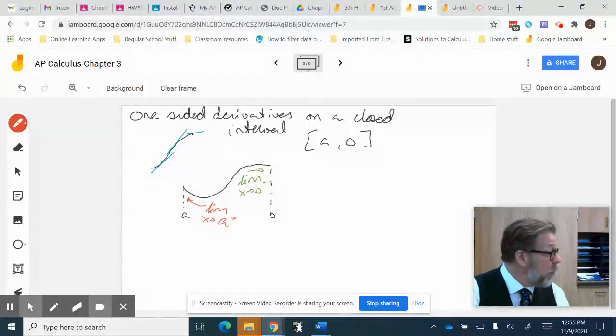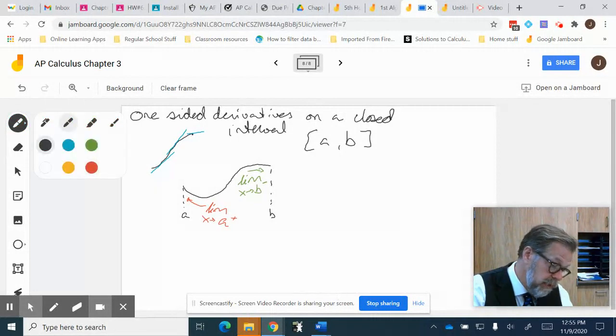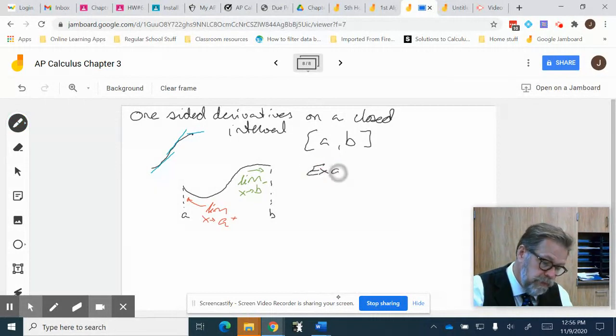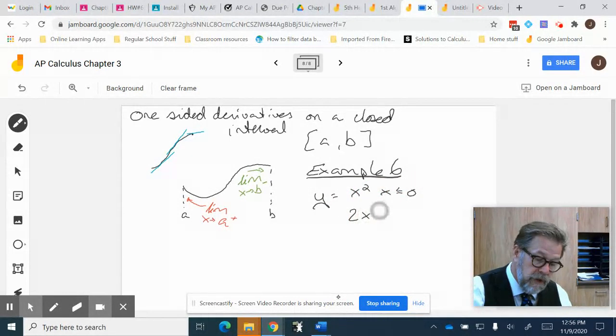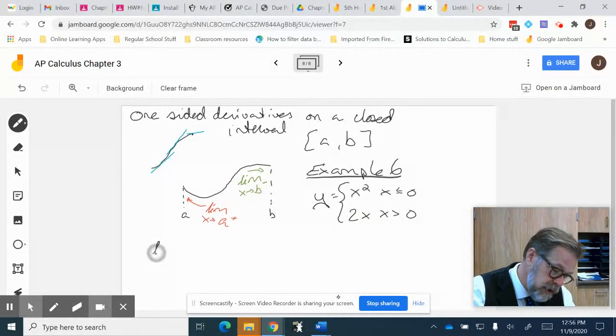So let's say we had the function. This will be example 6. We have a piecewise function, y equals x squared for x less than or equal to 0, and it equals 2x for x greater than 0. And we say, okay, well, let's find the derivative as x approaches 0 from below.